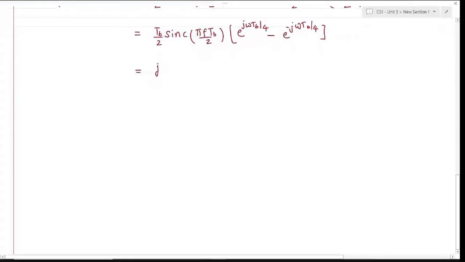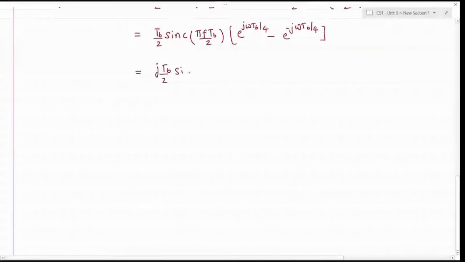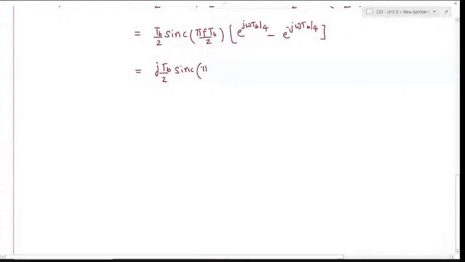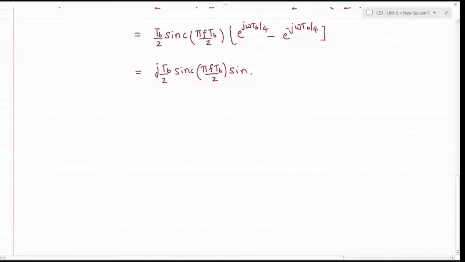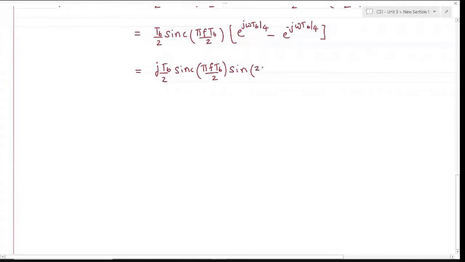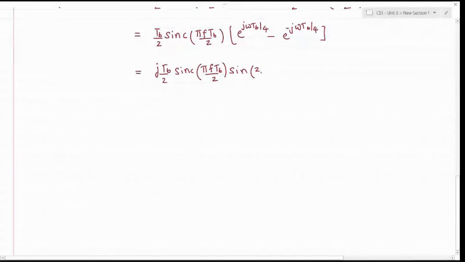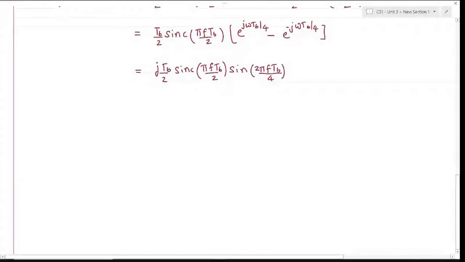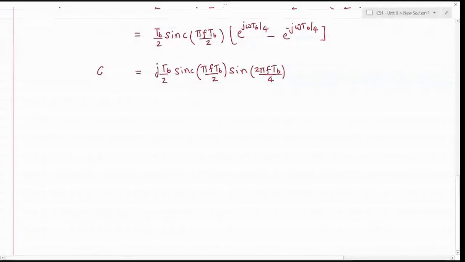So the final expression is j times Tb over 2 sinc of pi f Tb over 2, into sine of 2 pi, I mean omega Tb by 4. Omega I can write as 2 pi f, so 2 pi f Tb by 4.